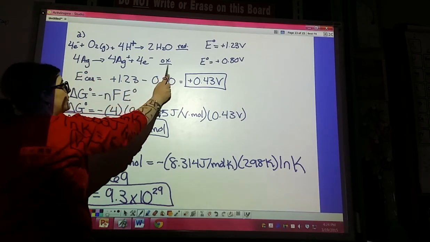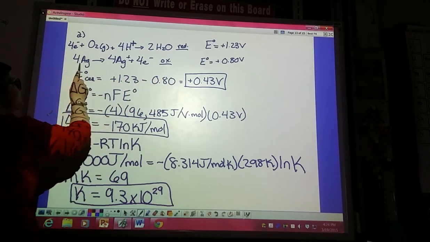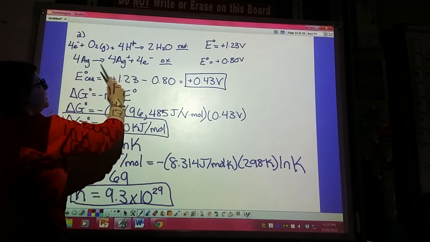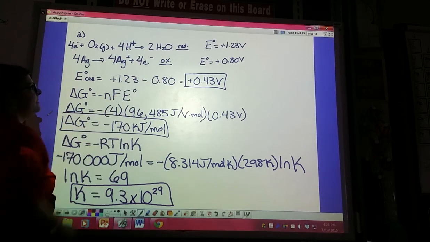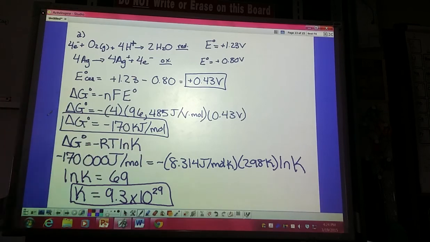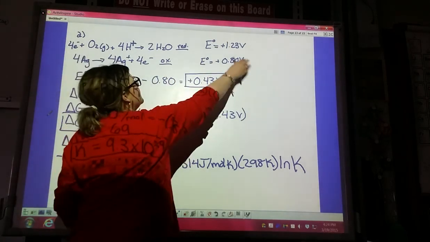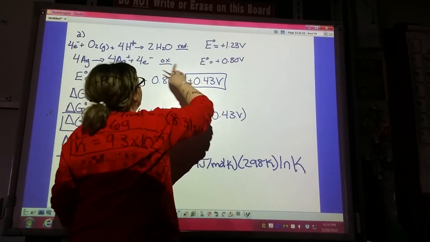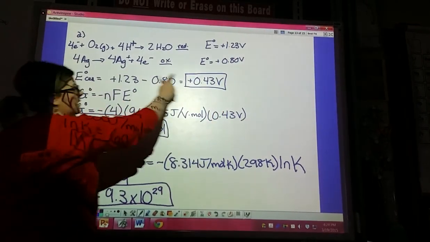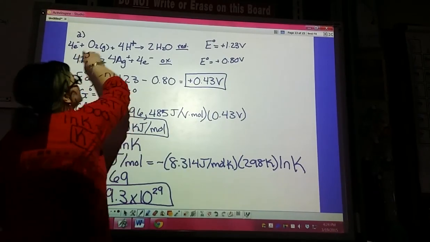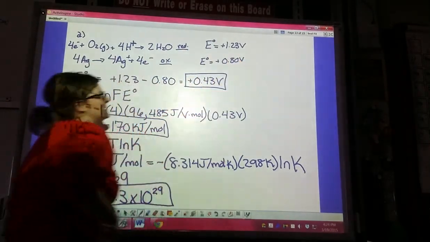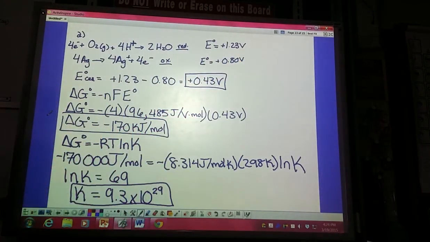I next did the same thing for oxidation. I went from 4 Ag to 4 Ag+. Since oxidation is where we're losing electrons, I added 4 electrons on the product side. So I'm giving you that for this oxidation reaction, the cell potential is a positive 0.80 volts. For the reduction half reaction, I get a positive 1.23 volts.